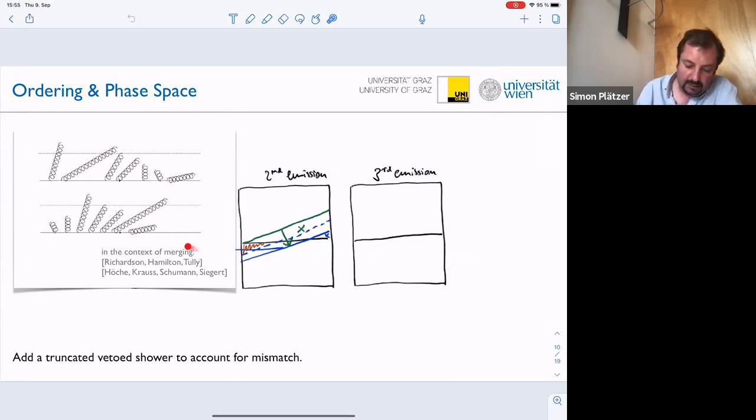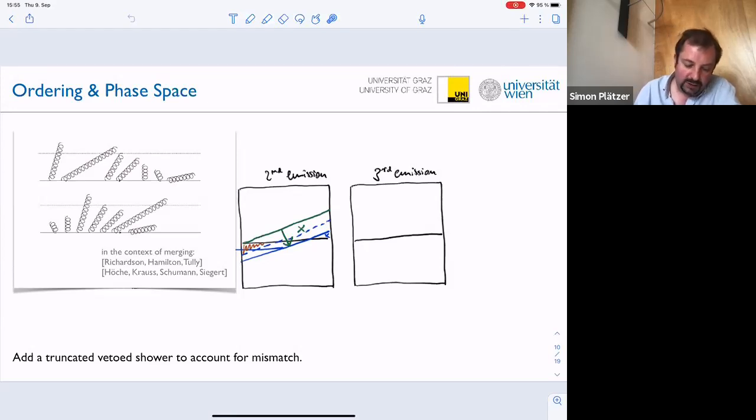And as I said, in the context of merging, they have been looked at for the angular ordered evolution in Herwig, where the issue is really pressing, because here you can see what happens in an angular ordering, that there might be a hardest emission. Now this hardest emission and this hardest emission we would have wanted to replace by the 3-level 2-jet matrix element.